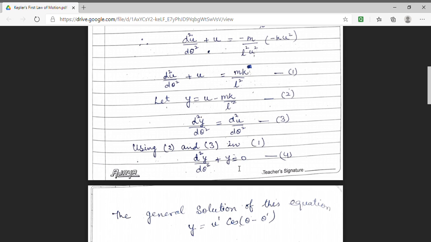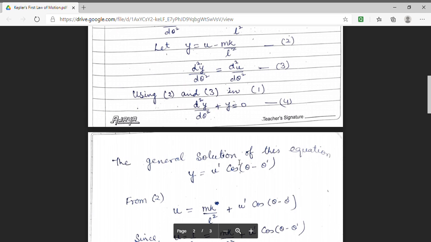This is a second order differential equation, and we are well familiar with its solution, which can be expressed in the form of cos function. Hence the general solution of this equation will be y equal to u dash cos (theta minus theta dash).